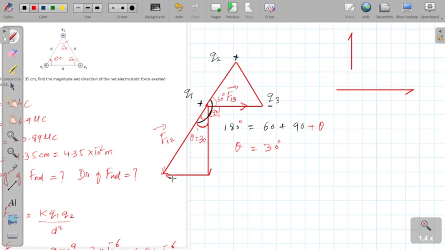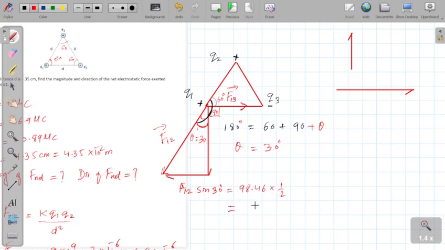Now we can find these two components. The perpendicular component is F12 sine 30, which equals 98.46 multiplied by 1/2, because sine 30 degrees is 1/2 or 0.5.